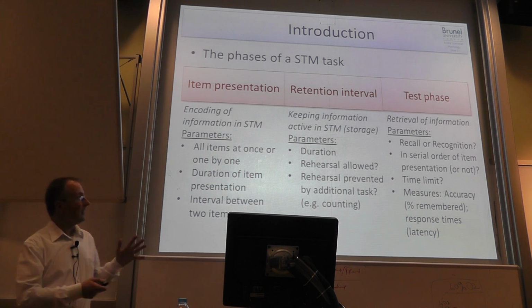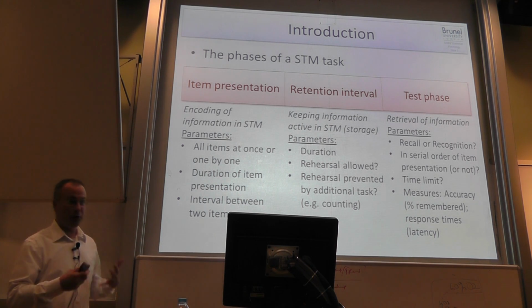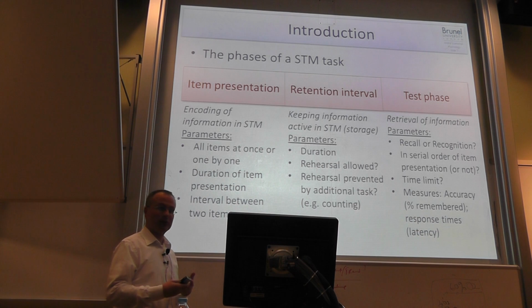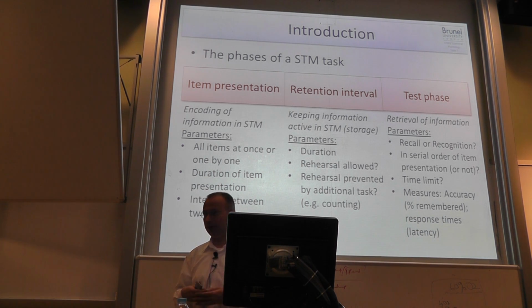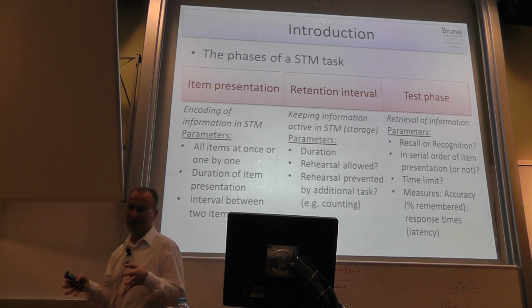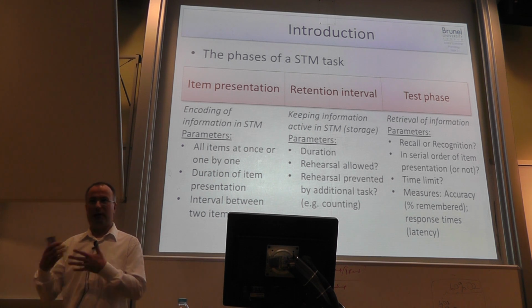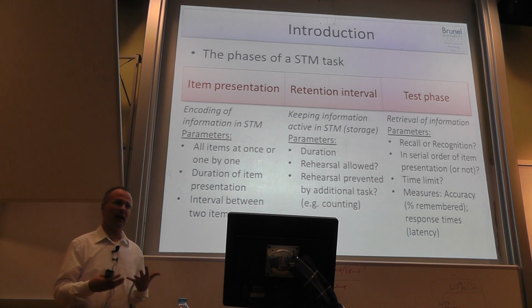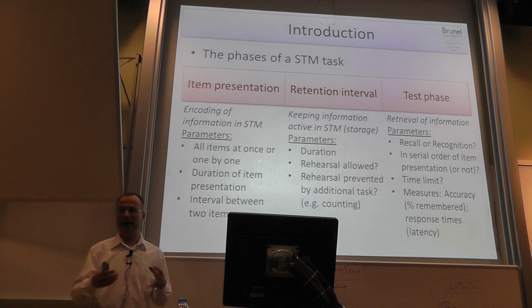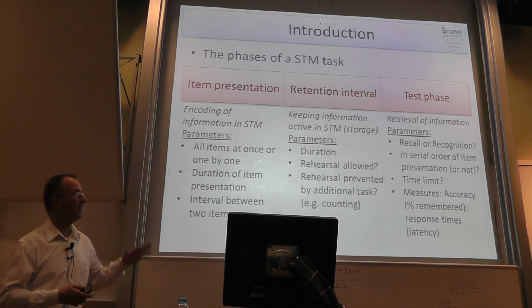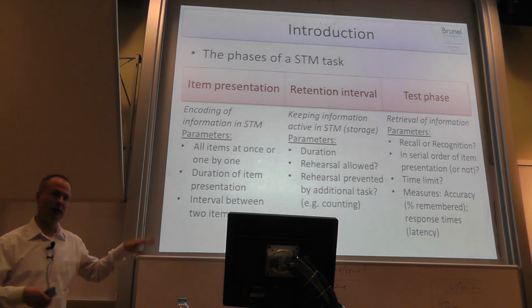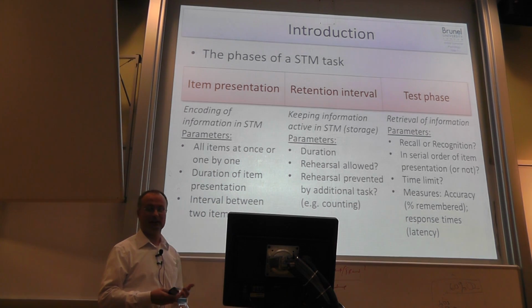So just to show you what is the typical approach to investigate short-term memory, but also in a more generic sense, where you might think, okay, that's such a simple task to do, how many variations you have, how many parameters you have to consider when you design such a study.